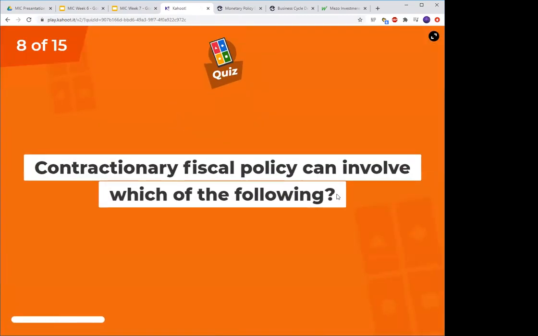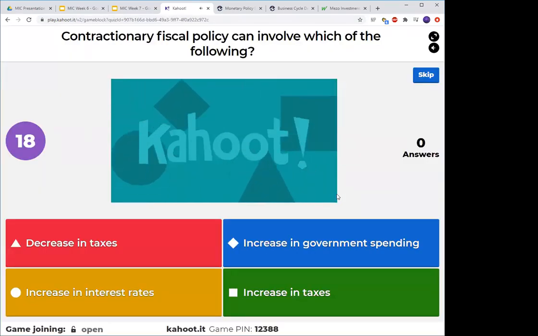All right, question 8. Contractionary fiscal policy can involve which of the following? I think you need to think a bit more about this one.